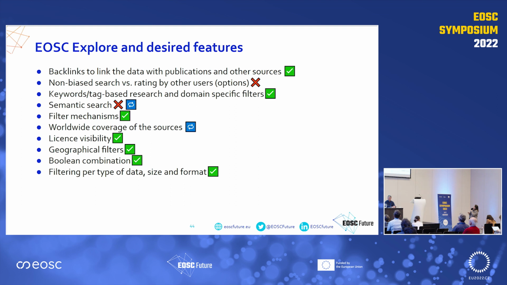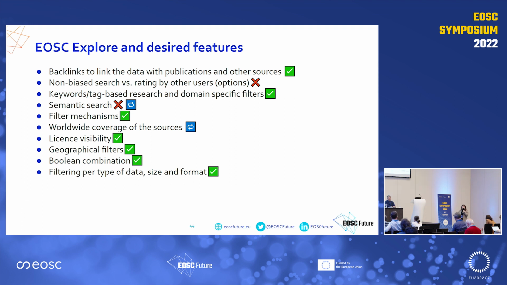Keywords, search based on tag-based or domain-specific filters. All the filters that I showed you before are also included in the discussion that we had with the users. Semantic search: just before this, we had another session today with a group of FAIR for EOSC that is looking at semantic search.